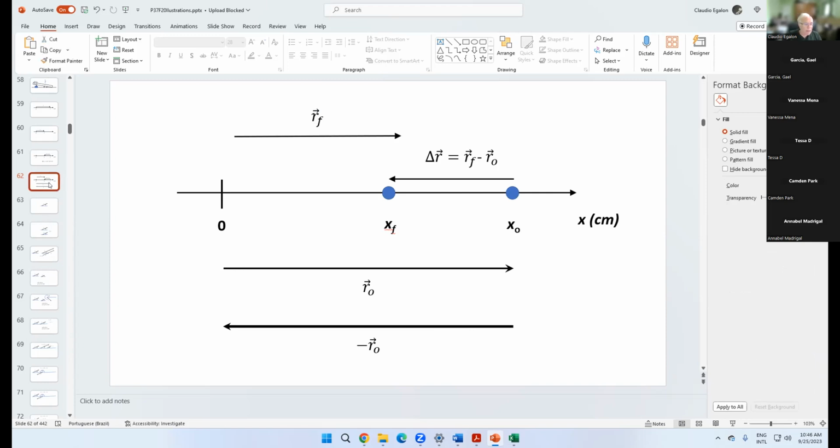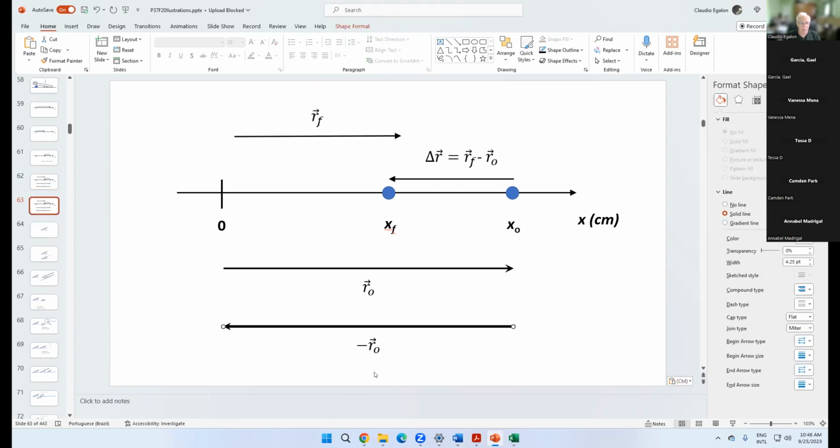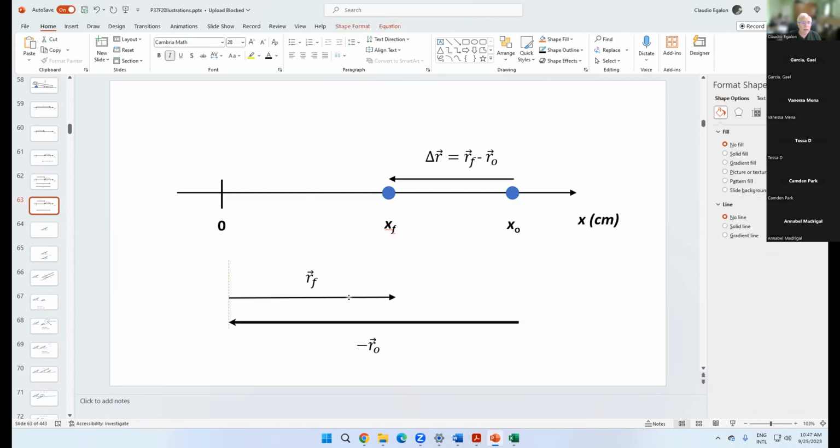So if I want to sum this vector with this vector, which is the negative of the other one, there is a very special way of doing that.